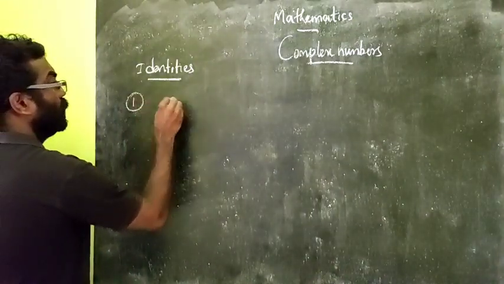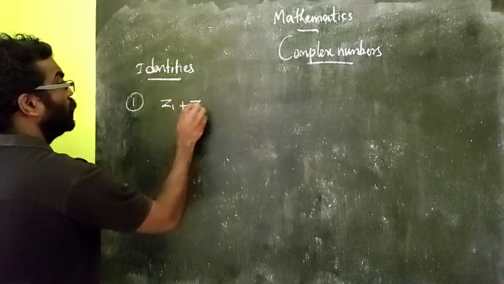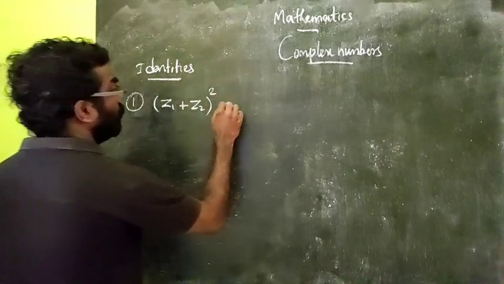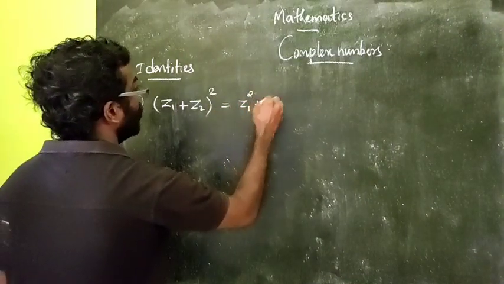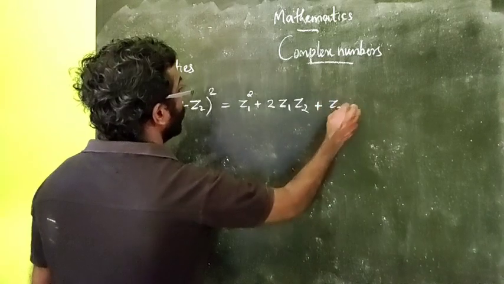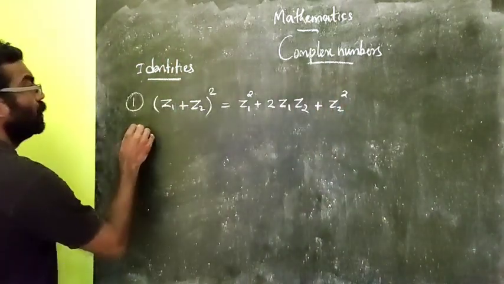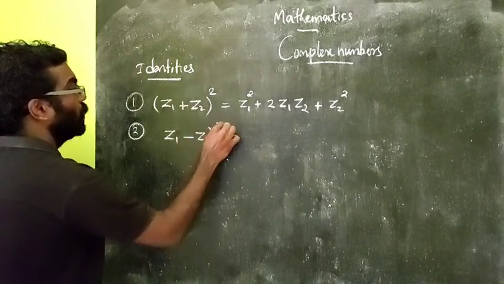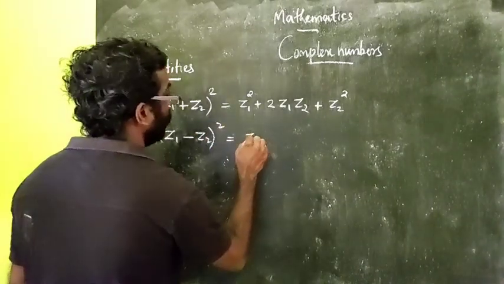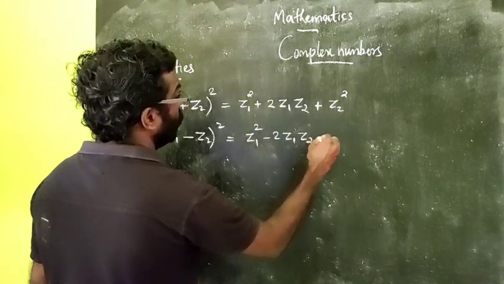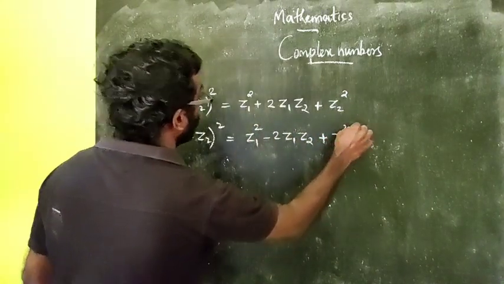Then we can write (z1 plus z2) the whole square, like (a plus b) the whole square, equals z1 square plus 2 z1 z2 plus z2 square. Then (a minus b) the whole square: here (z1 minus z2) the whole square will be equal to z1 square minus 2 z1 z2 plus z2 square.